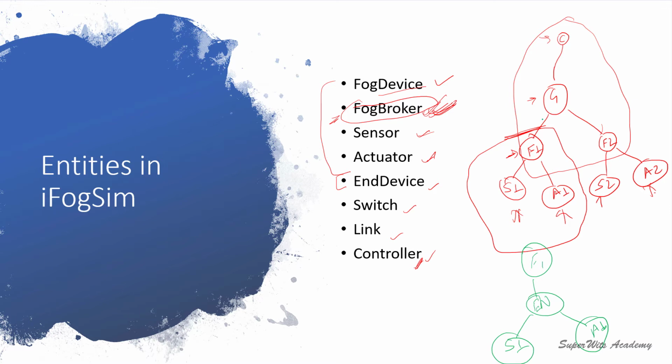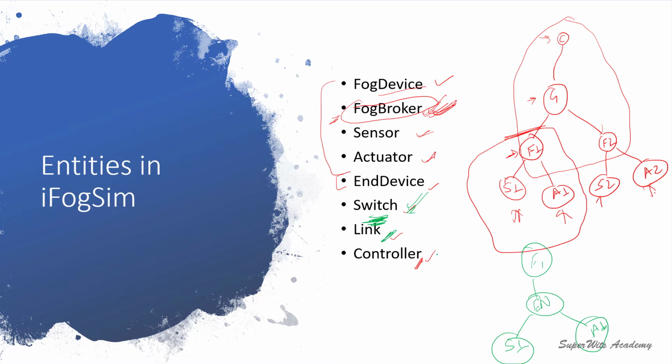Similarly, instead of this gateway as a fog device, you can replace it by a switch, right? So a switch could be the alternative if I wanted more devices connected to each other and wanted to devise a very versatile kind of network. So this is another entity. Now how are all these entities going to get connected with each other? That is by using the link entity, right?